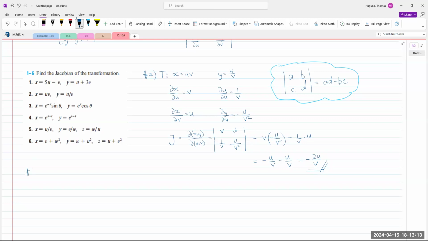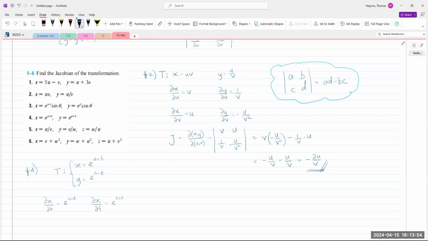Number 4, we have T given by x equals e to the s plus t, and y is e to the s minus t. So ∂x/∂s is basically itself, e to the s plus t. ∂x/∂t is the same, e to the s plus t.